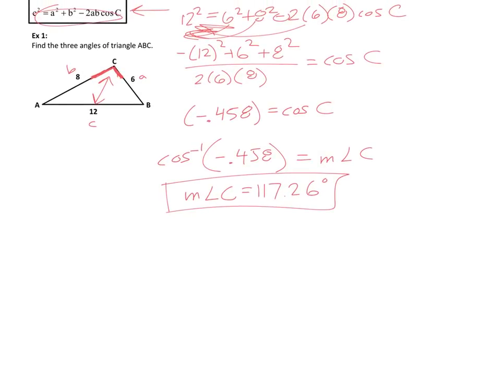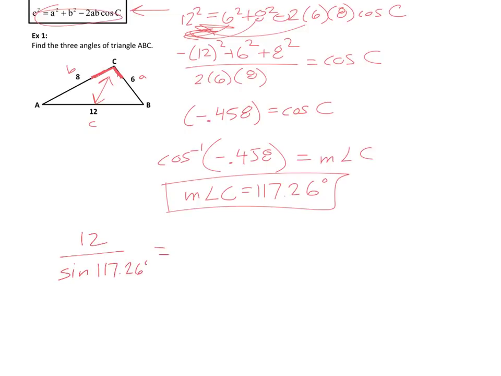Now I'm going to figure out angle B. So I have 12, and the angle across from it is what I just found, which is 117.26 degrees.